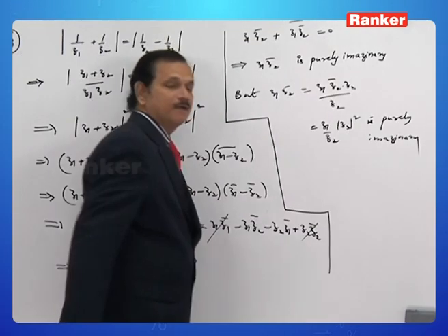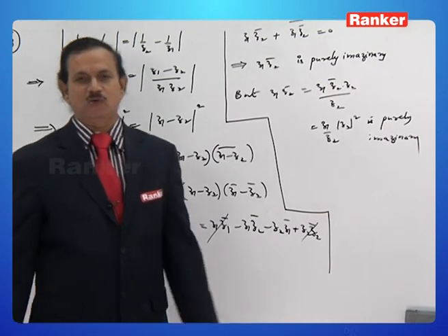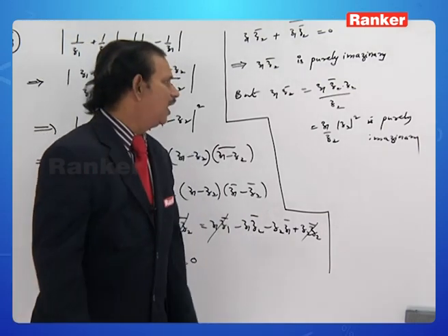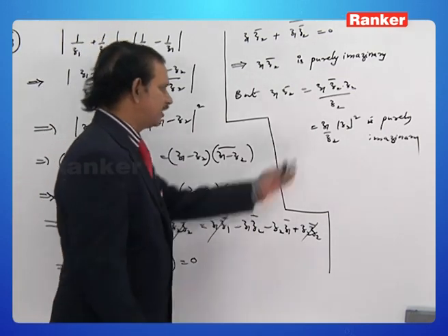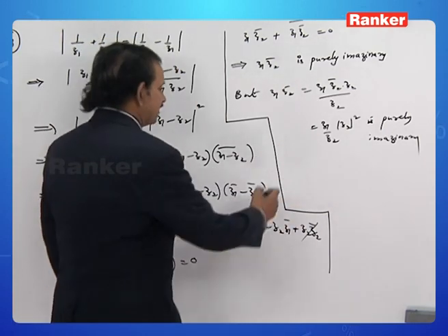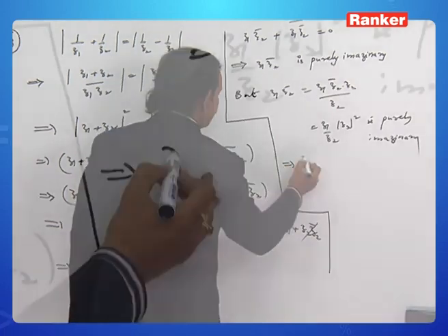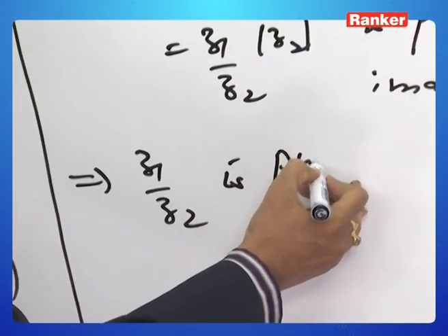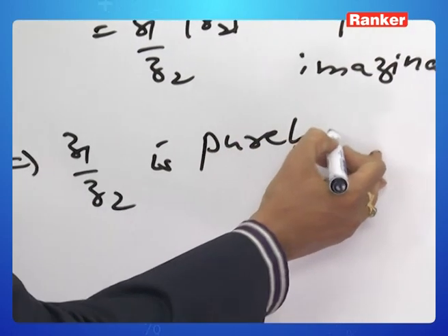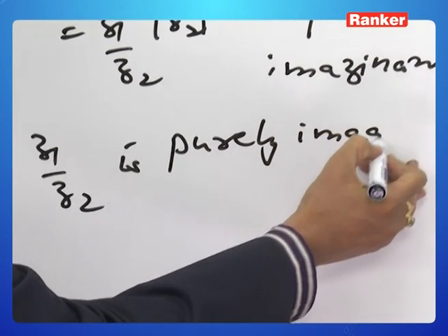Mod Z2 square is of course an absolutely non-negative real number. We can ignore that, so that you can say that Z1 by Z2 is purely imaginary.